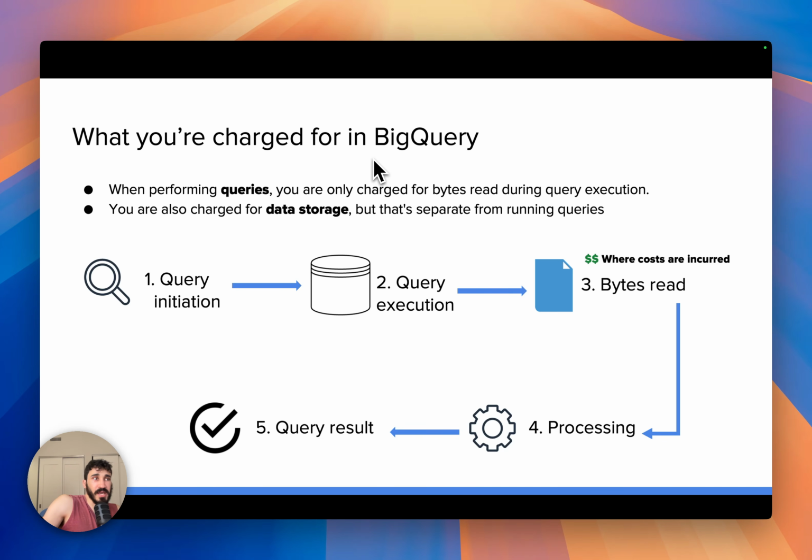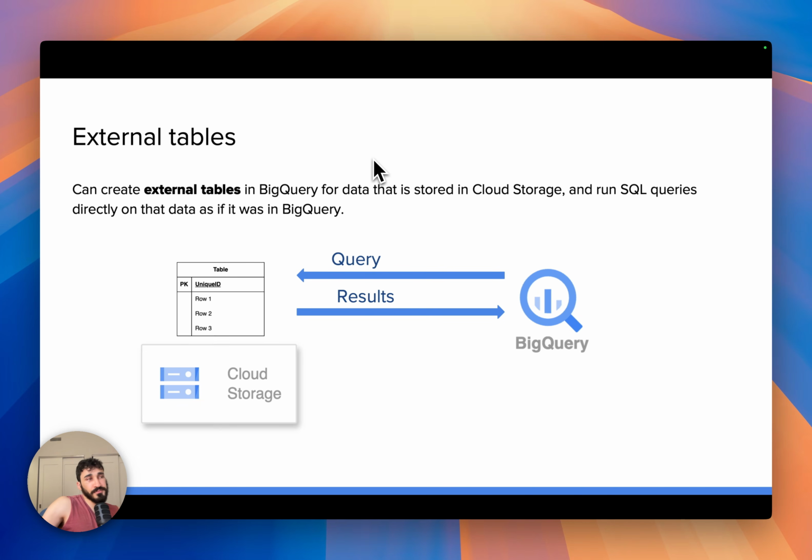The volume of data that your query needs to access to generate the results is what you actually get charged for. And then BigQuery processes the data, crunches the data, performs any necessary transformations or calculations, and then you get the result, the output of your query. So it's that step 3 where the costs are incurred.